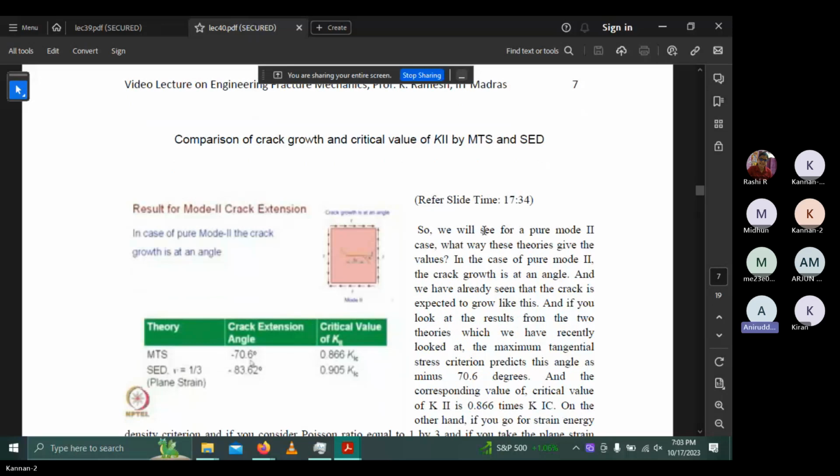But the critical value, it is for critical value of K2, not K1. So we are asked in the question, what about theta and K1? But this is only for mode extension, no? This one? But the question is for mode 1, I think. Anirudh, so if K2C value is changing for 2 theories, so can we say that the K1C value is same for both?